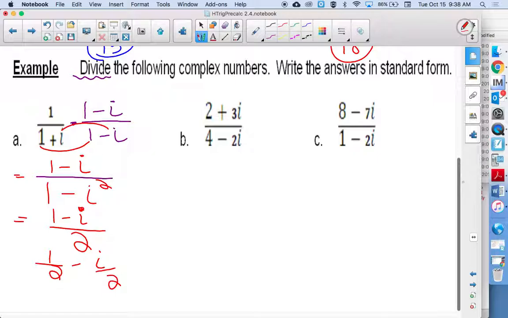So now it's separated, my real number and the imaginary number. You could also write this as 1/2 minus 1/2 i, if you'd rather write it like that. But they need to be separate. So the real piece needs to be separate from the imaginary piece. That's standard form. So don't just keep it as one fraction glued together.